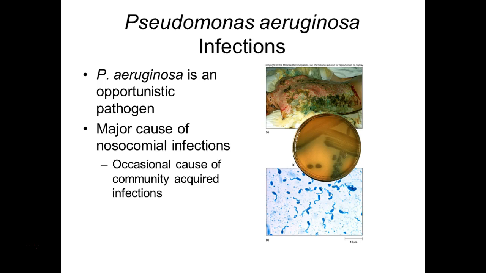Pseudomonas aeruginosa, when it grows, it produces two pigments, a blue and a yellow pigment. When they combine, they form green. So it characteristically has a greenish tinge to its growth. So you can see, and this was probably a burn patient, considering the large, extensive area of damage, I'm thinking they got burned, right?